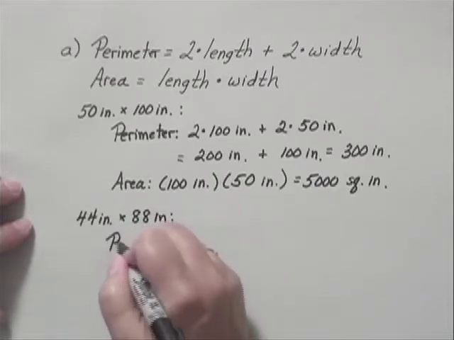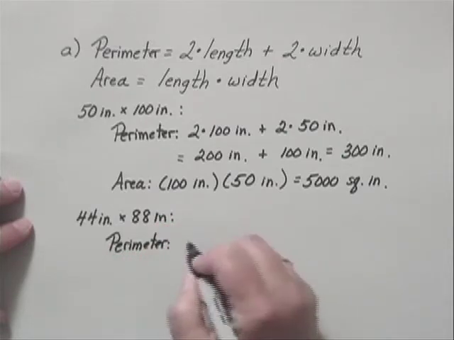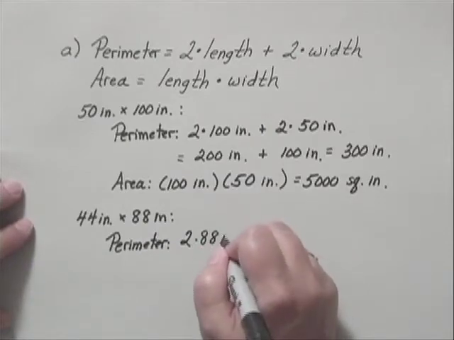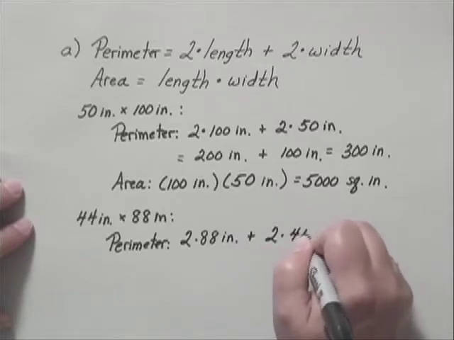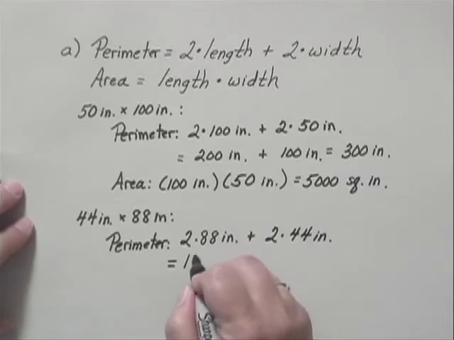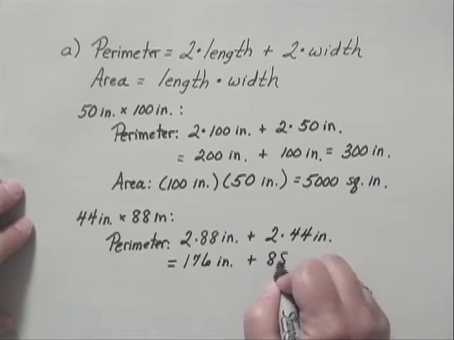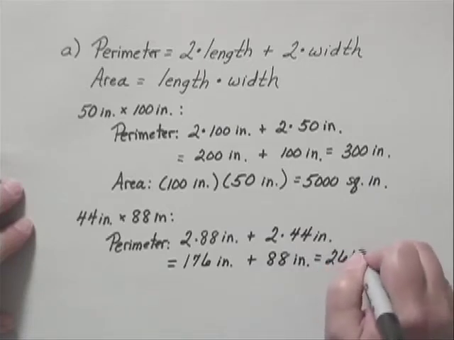We find the perimeter again. That's 2 times the length plus 2 times the width, which is 176 inches plus 88 inches, or 264 inches.